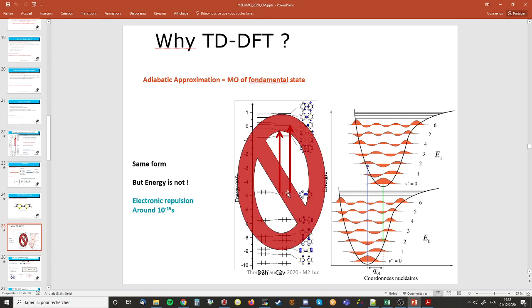Beware, when we consider a transition of one electron, the other electrons automatically and super rapidly reorganize, and that means that the wave function of the other electrons can be slightly modified, and this is why when you draw an arrow like this, the arrow is correct in the form.